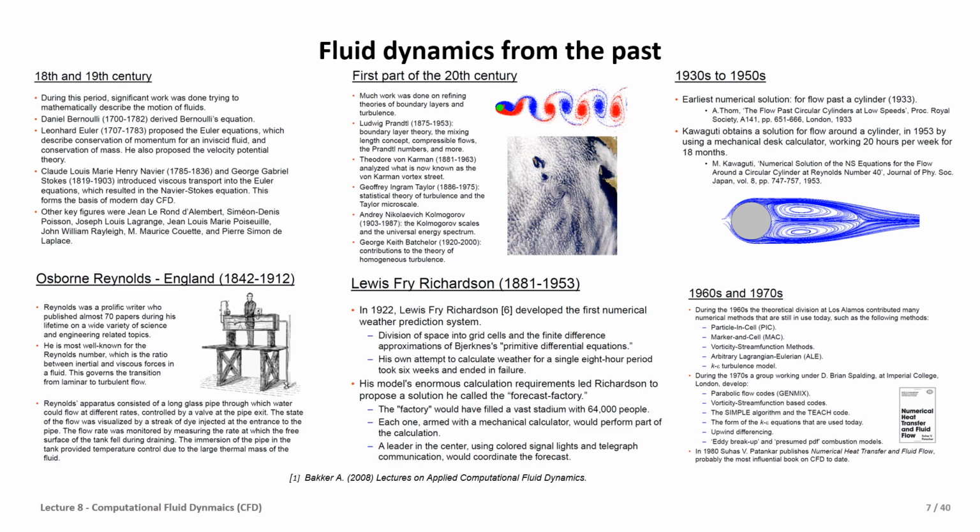About turbulent flow, we have the Kolmogorov scale, which is about the universal energy spectrum in turbulent flow. We have the work from Batchelor, which is about the theory of homogeneous turbulence. And there are many details, of course, you can see in the literature.